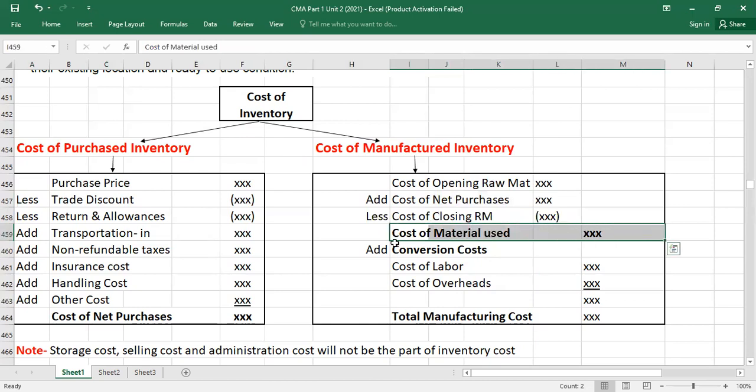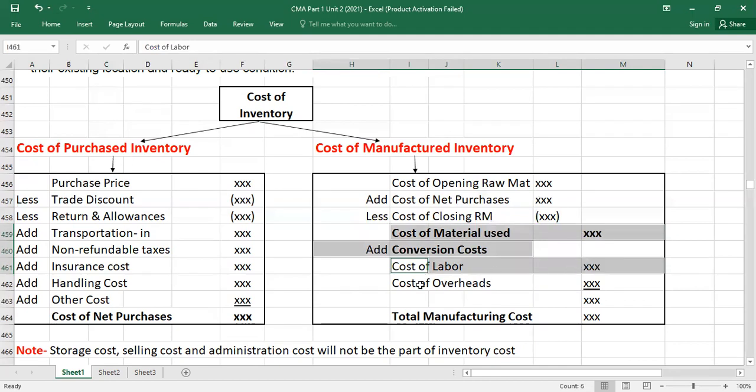So then you will add here conversion cost. So what is the conversion cost? Usually these are those costs which we will incur to convert the raw material into the finished product. Okay, and usually conversion cost includes cost of labor and cost of overheads, like variable or fixed overheads. Like rent, maybe other expenses which you have incurred during the production process other than material and labor.